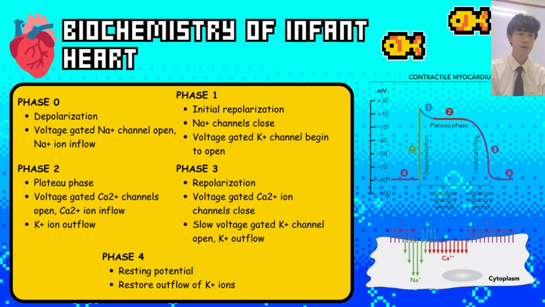In this phase, the voltage-gated calcium channels open, so calcium ions flow in, and the potassium ions continue to flow out. Phase 3 is repolarization. The voltage-gated calcium channels close, slow voltage-gated potassium channels open, and potassium ions continue to flow out.